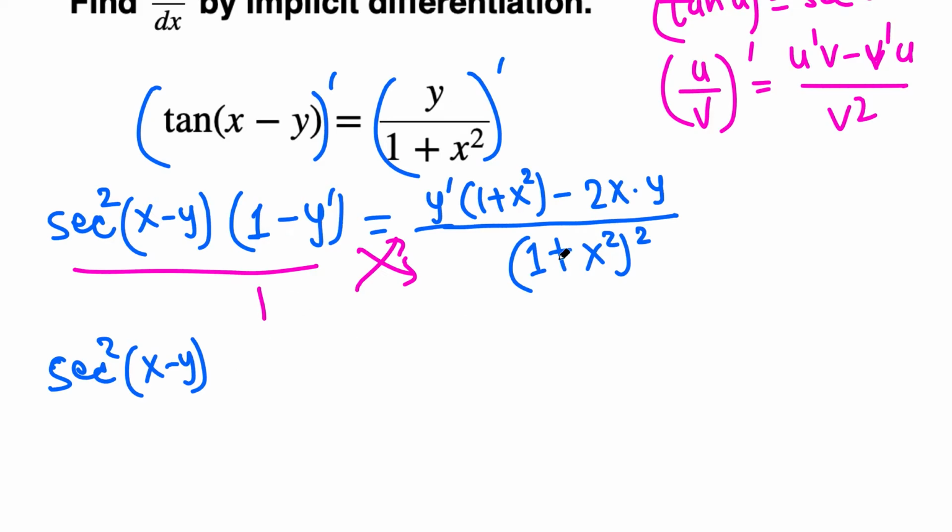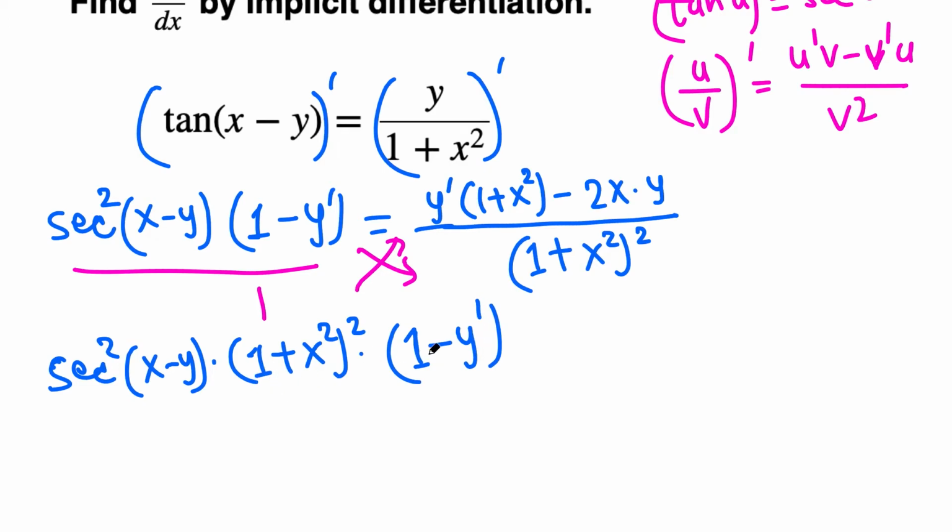I'm going to write that after writing this, times 1 plus x squared and 1 minus y prime. Our goal is to isolate y prime, which is here. So I wrote this one first, and then it does not matter which one you write first. But the goal here is to separate y prime.